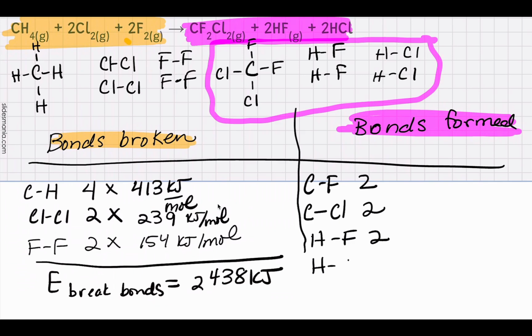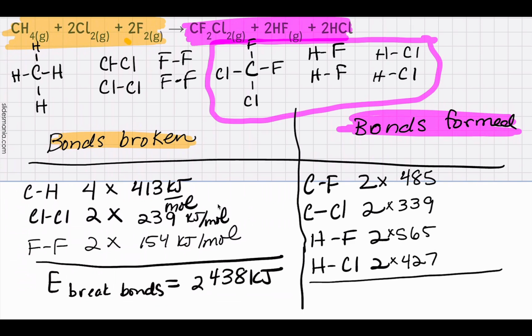And I have a hydrogen with chlorine. Then I just look up those values. And then I sum them up. So this is how much energy is going to be released, essentially.